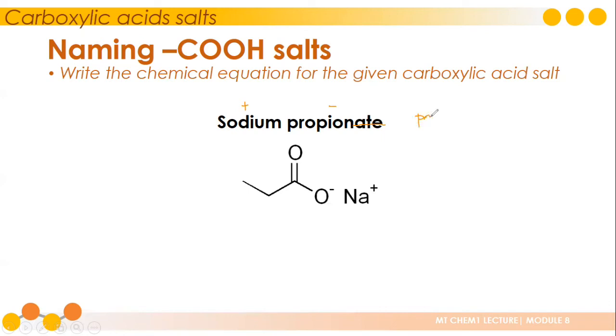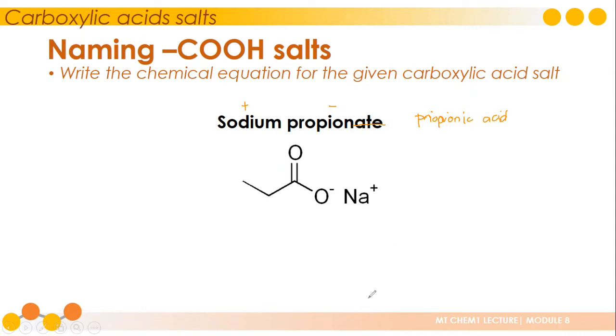So it's propion. And then change it with the ic acid. Simply add ic acid. You now have identified which acid is used in our reactants, which is propionic acid.